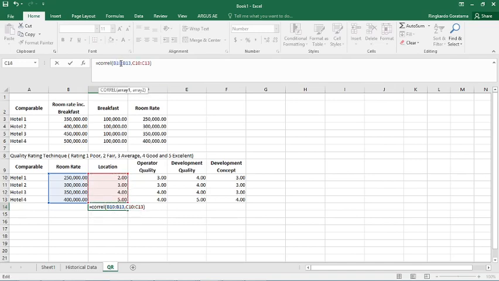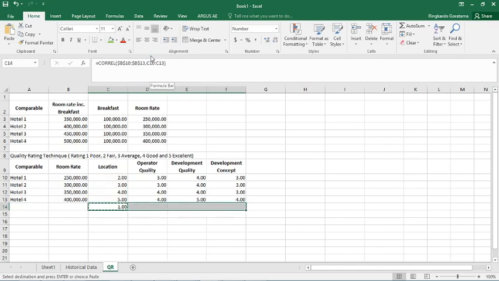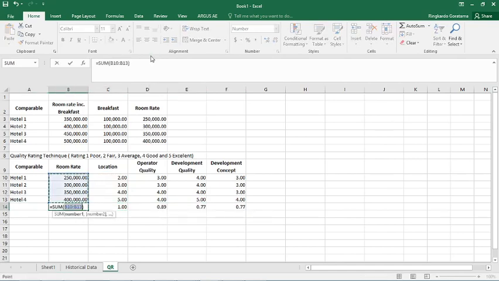So we just lock this cell. Okay, so this will be the total, and we can know the weight.